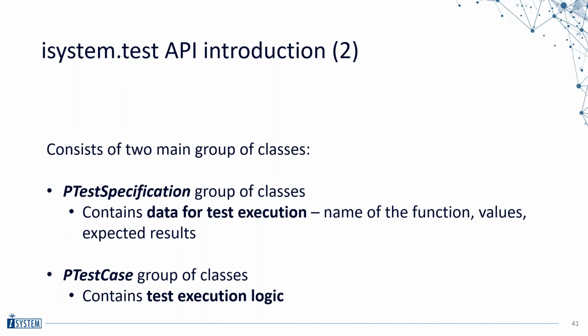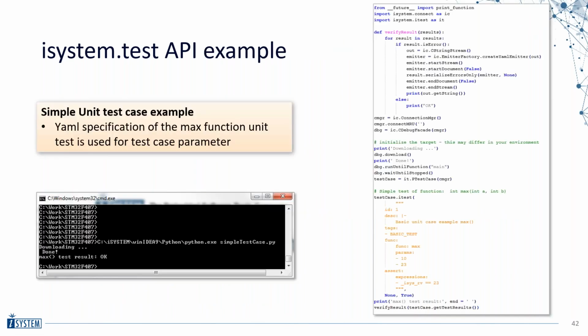We have mainly two bigger groups of classes. One is about test specification. Here we define what is the test vector, name of the function, values, expected results. And the second group is about the execution and running of the testing. This is a short example of the usage of isystem.test.